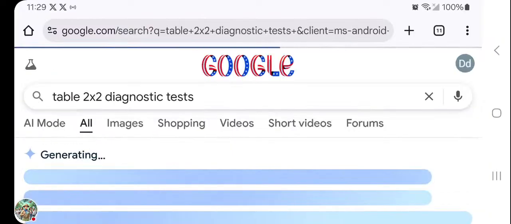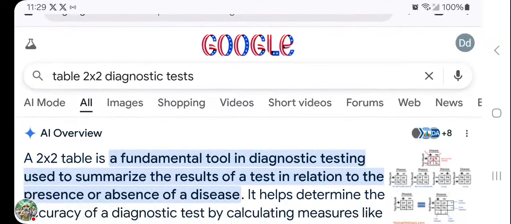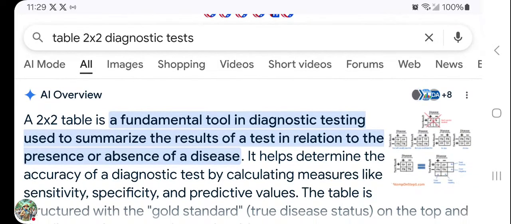In medicine, the 2 by 2 table is a fundamental tool in diagnostic testing used to summarize the results of tests in relation to the presence or absence of the disease.